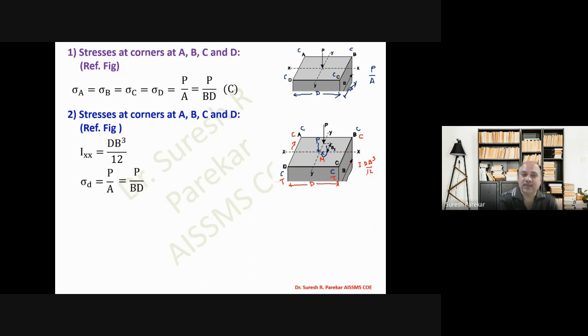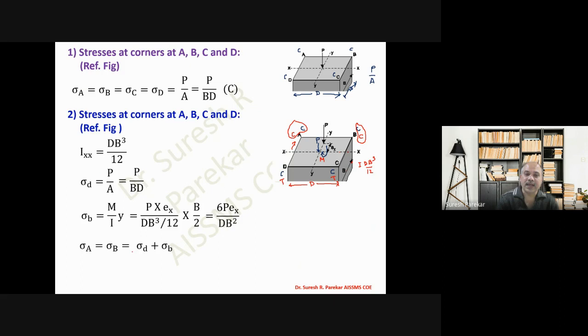Sigma d is P by A, P by bd, and sigma b is M by I into y, and that is y is b by 2, and we will get sigma A equal to sigma B. I already mentioned at A both are compression, at B also both are compression, and therefore A equals B, and we are going to add them. If we go to C and D, again we have the same, but with a minus sign. That is when we have about the x axis.